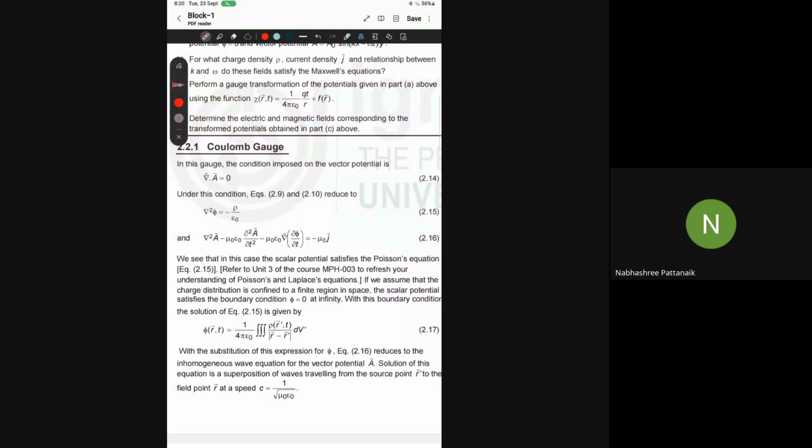It is not unique, right? A prime can always be written as A plus gradient of some function chi. So for the Coulomb gauge the condition will be del dot A is equal to 0.